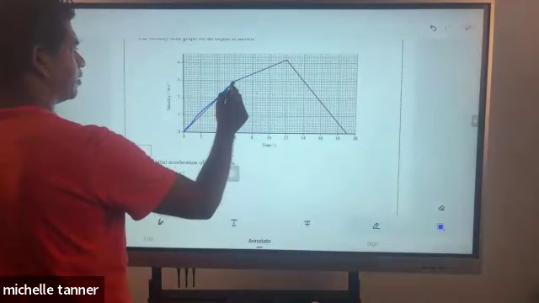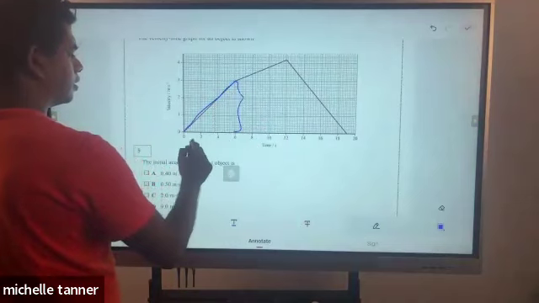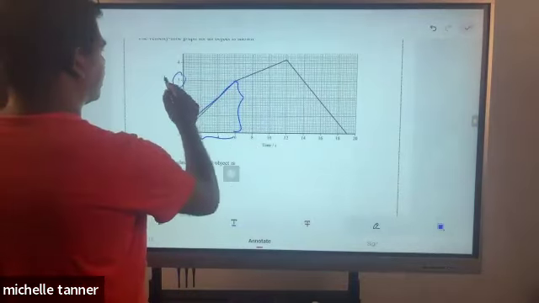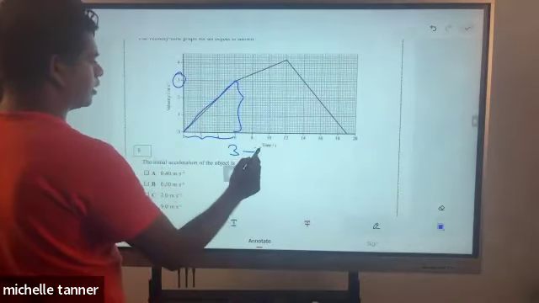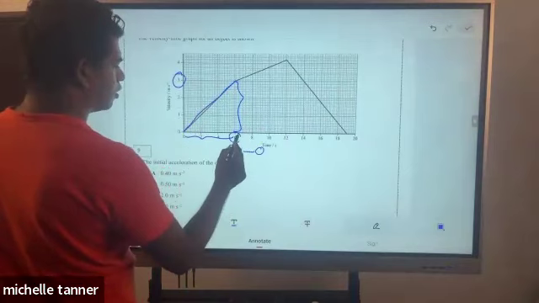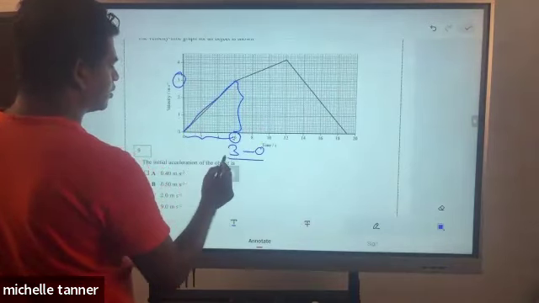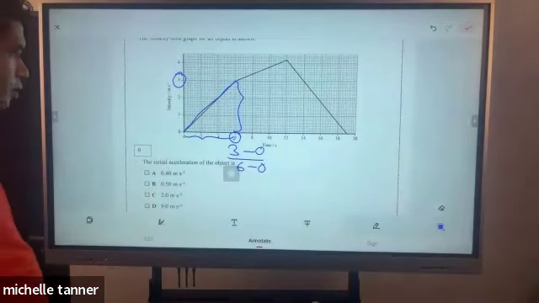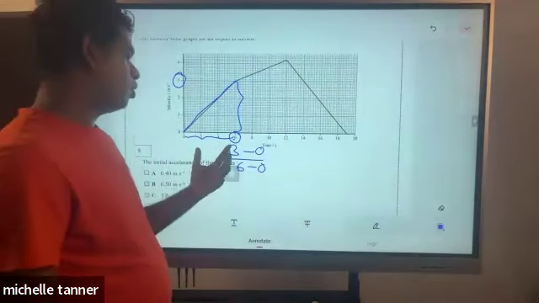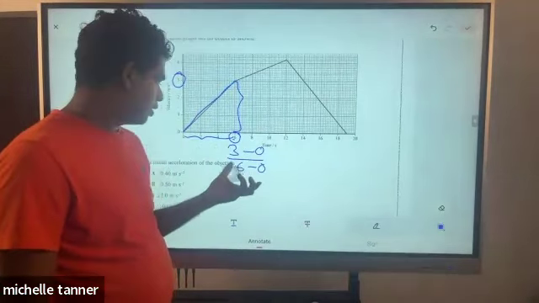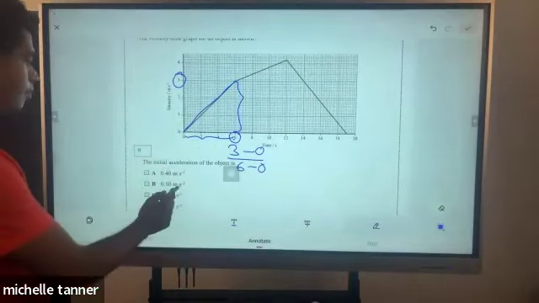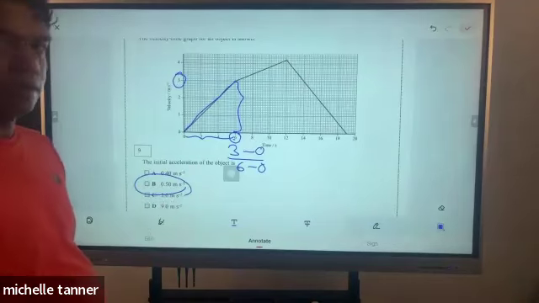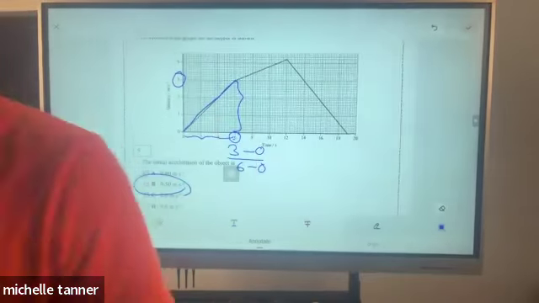Then calculate the gradient: Y coordinate difference over X coordinate difference. Y coordinate 3 minus 0 over 6 minus 0. This is the acceleration. 3 over 6 means half. That means 0.5 m/s squared.